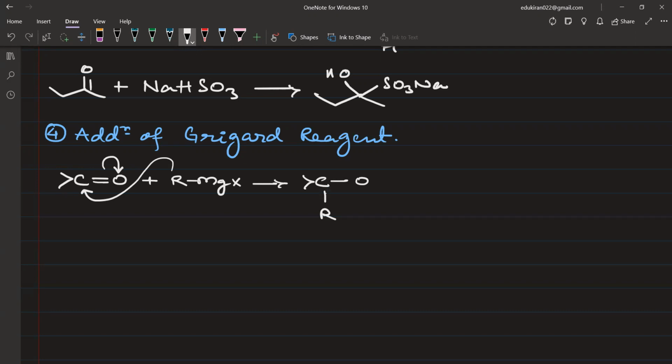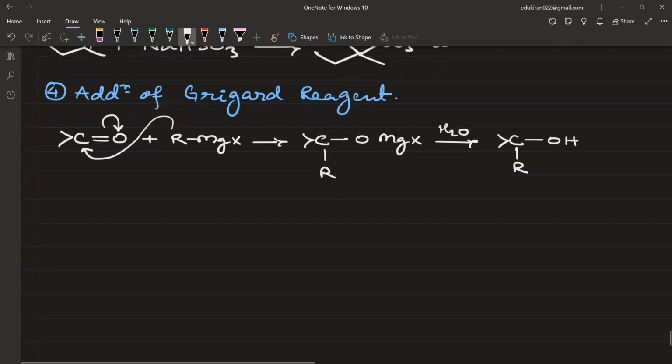O will be attached with MgX. And when you add water, this oxygen atom will get OH. So you'll have carbon, the two groups attached as they are, R group and OH. Okay, so there are three different types of reaction that you can have.